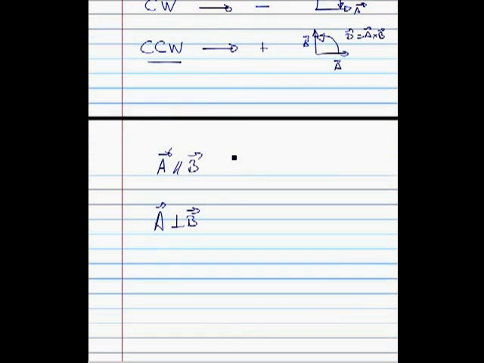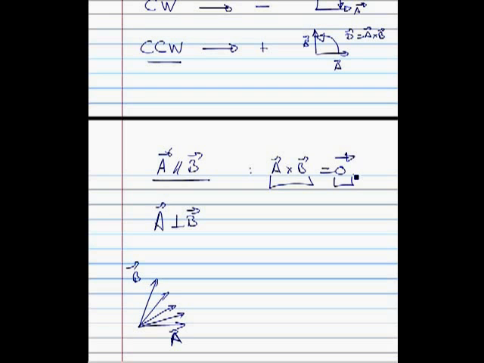Therefore, as you take the cross product between, say, vector A and vector B, as B starts to get closer and closer to A, such that the angle approaches 0, then the sine of the angle is also 0. Therefore, as the two vectors are parallel to each other, A cross B will give you 0, and that will give you the minimum value.